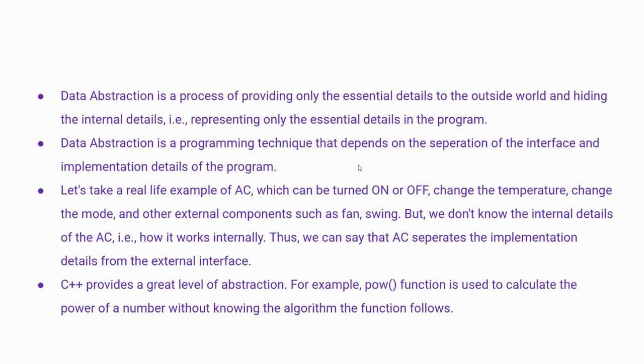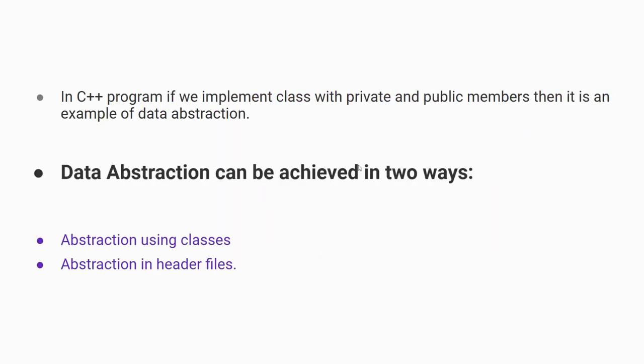C++ provides a great level of abstraction. For example, the pow function is used to calculate the power of a number without knowing the algorithm the function follows. In C++, we implement the classes with private and public members. Then it is an example of data abstraction.